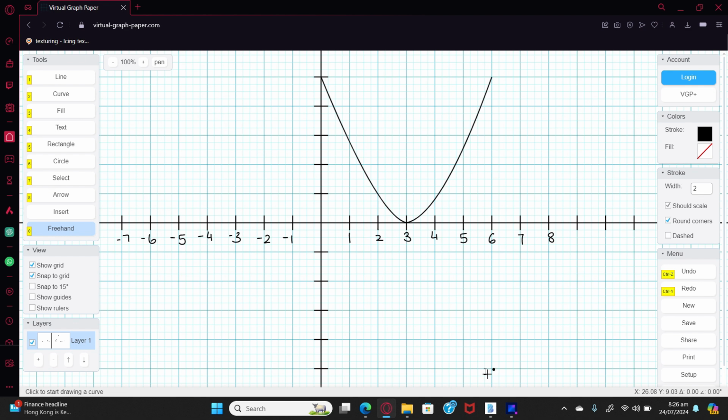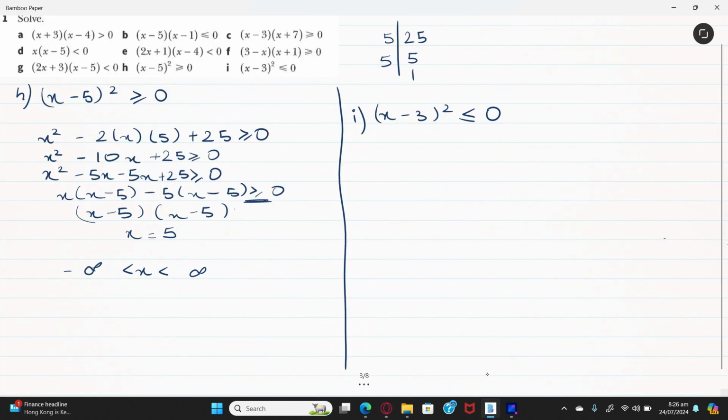If we just solve this right now, something like x squared minus 2ab plus b squared is lesser than or equal to 0, that would give us x squared minus 6x plus 9 is lesser than or equal to 0.